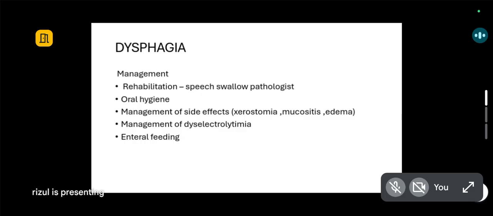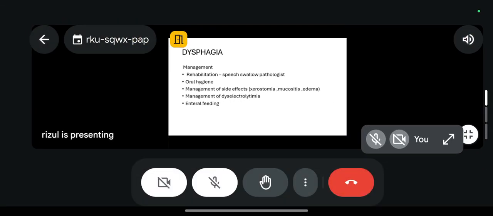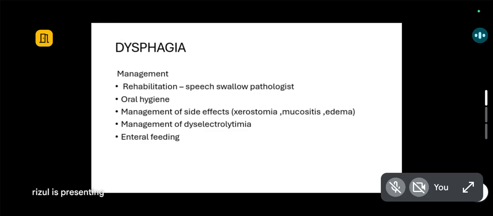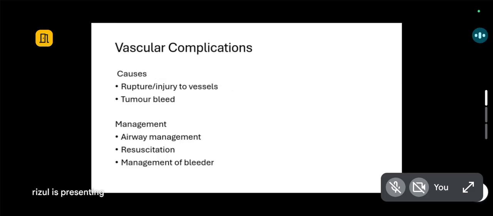Then manage other side effects like xerostomia, mucositis, edema, dyselectrolytemia, and use Ryle's tube insertion if required for enteral feeding. Then the vascular complications, like a rupture or injury to the major vessels or any tumor bleed: securing the airway is the first thing to do, followed by management of the bleeder in order to control the bleeding.